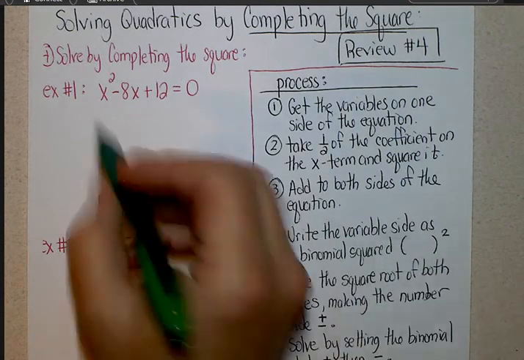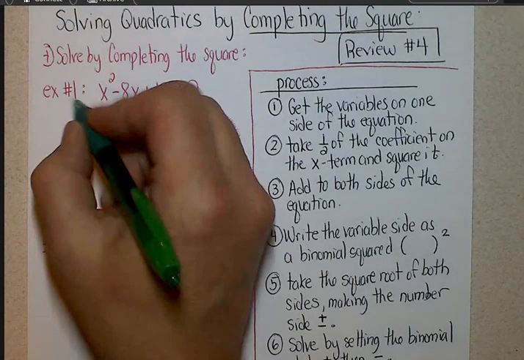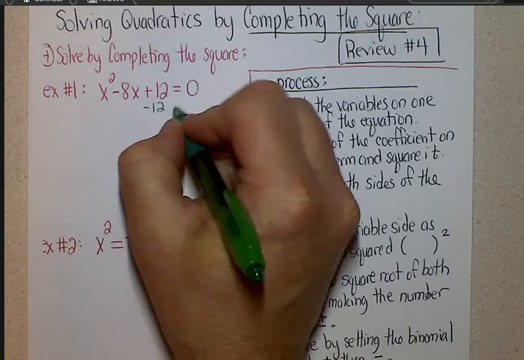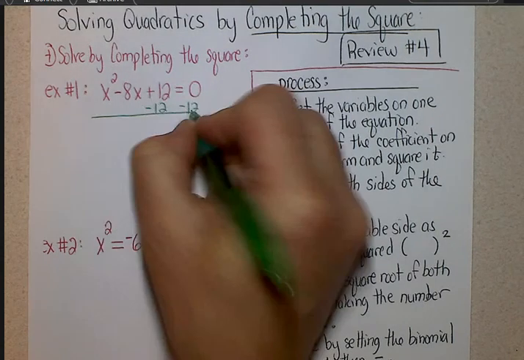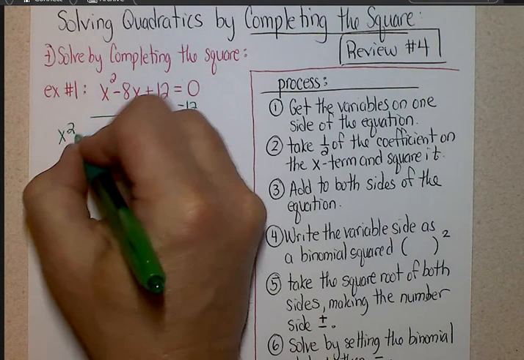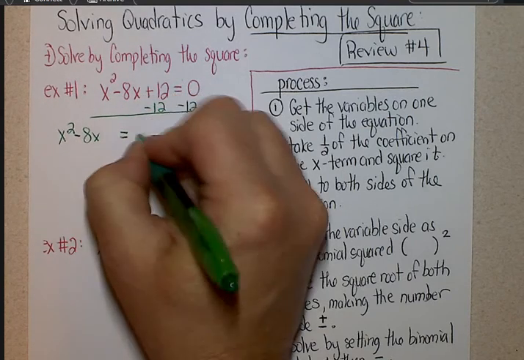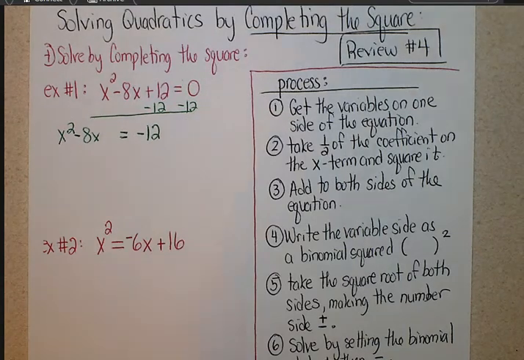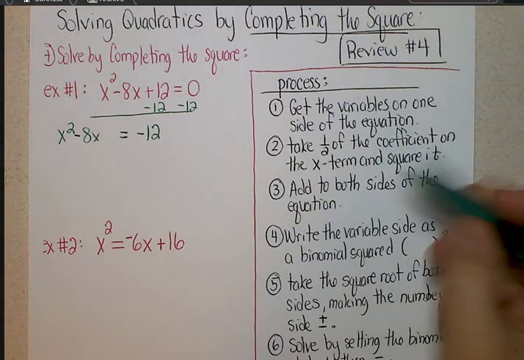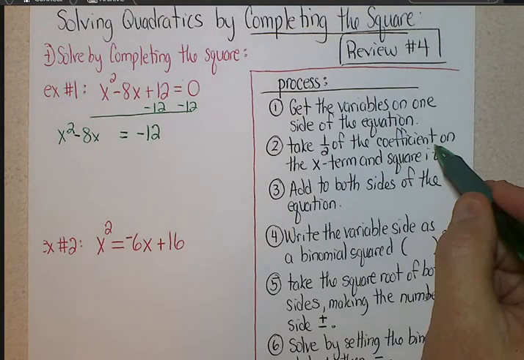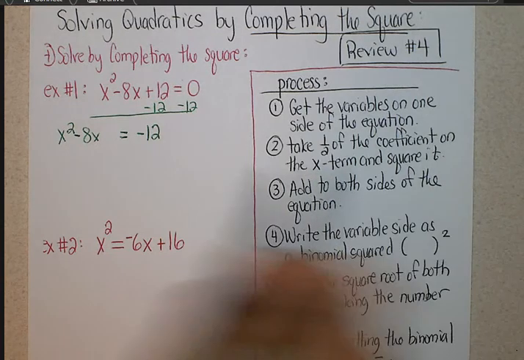Let's isolate the x. So if I isolate the x, I'm going to subtract the 12 from both sides. And I'm going to be left with x squared minus 8x, leave a little bit of space, equals a negative 12. All right? Then we're going to take half of the coefficient of the x term. Here's the x term.